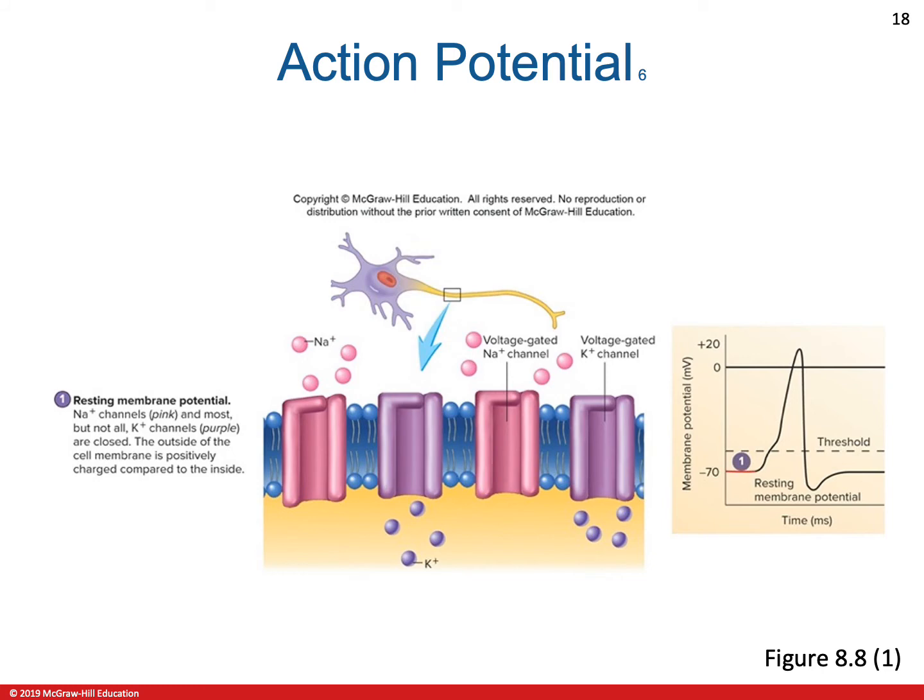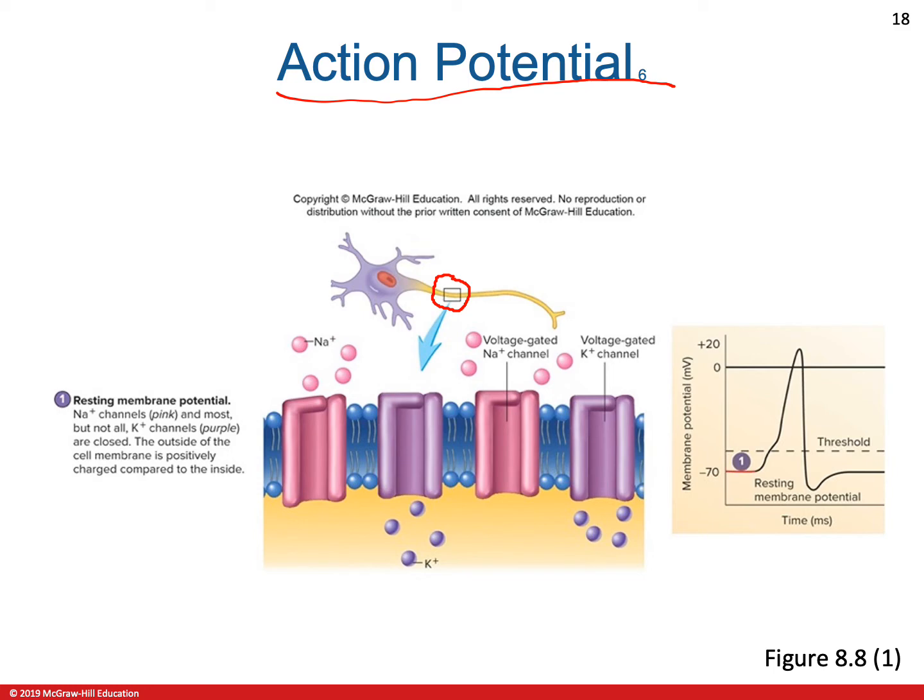So this model shows your action potential in the nerve, okay? You can see here, this is the neuron cell, and this sample is taken along the axon of your neuron. This is during resting membrane potential.